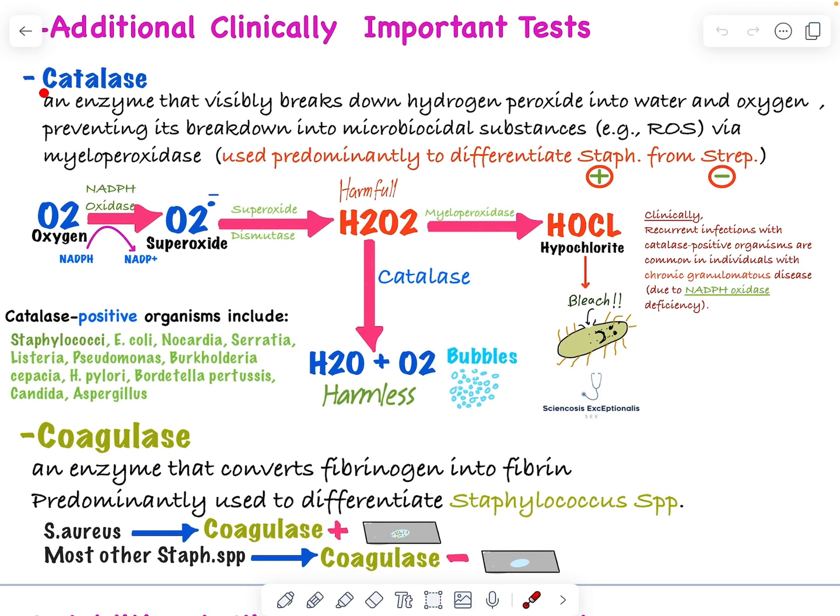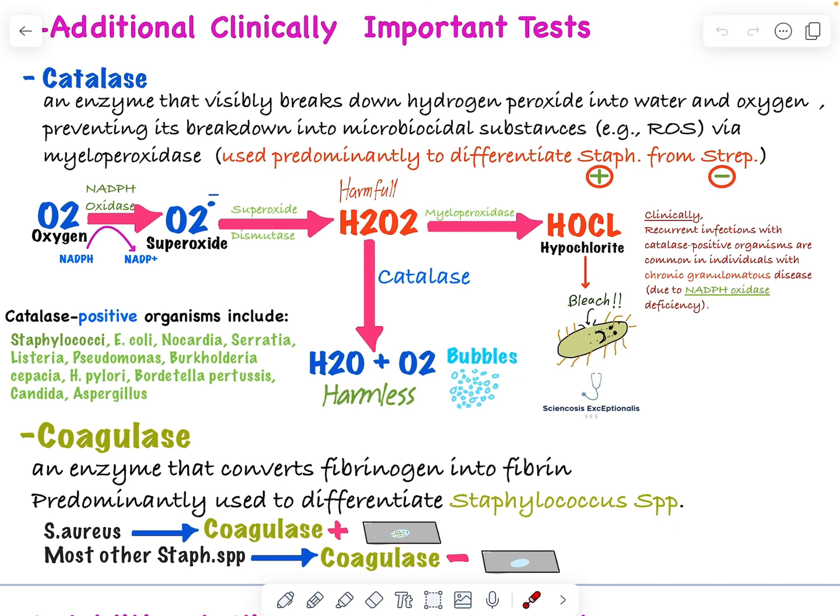Which microorganisms are catalase positive? First, keep in mind that catalase is not found in anaerobic bacteria because the formation of reactive oxygen species, including hydrogen peroxide, needs oxygen. Actually, the catalase enzyme is found in many organisms such as Staphylococci, Escherichia coli, Nocardia, Serratia, and so on.